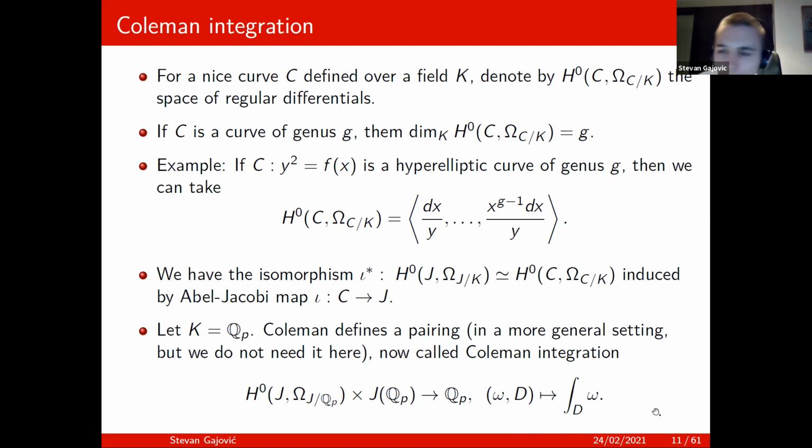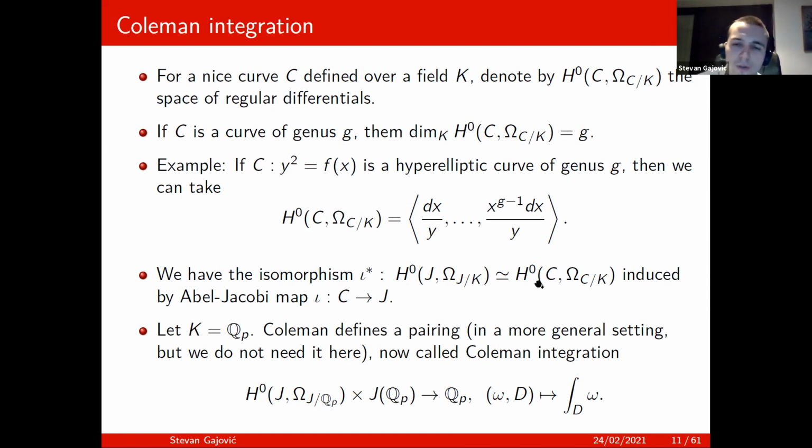Let's just continue. It's already 5:30. This is a standard thing that I don't want to spend time on: if we have a curve and its Jacobian J, then the spaces of regular differentials are isomorphic, and we obtain them by pulling back via the Abel-Jacobi map.